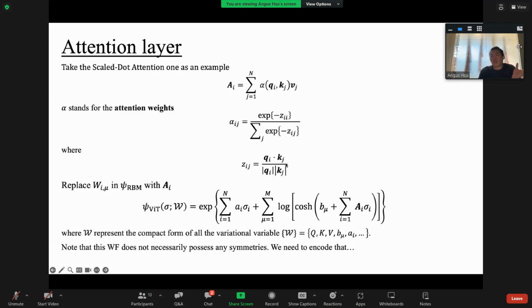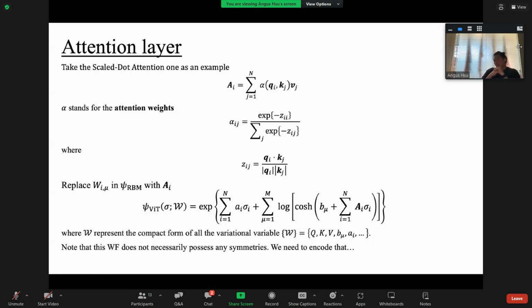This is the part that Cash mentioned. You have the dot product of the queries and keys, you scale it, and then you calculate the softmax, or the Boltzmann weight of it. Concatenate with your values, and this gives you the attention layer.